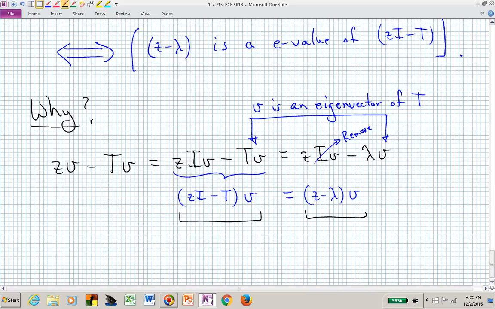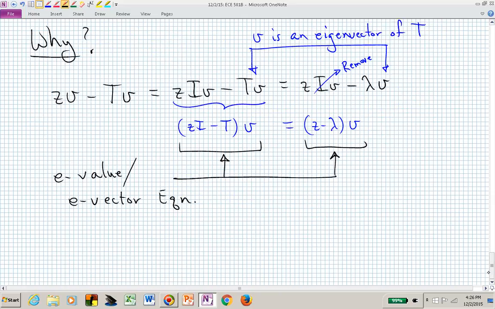So we're just moving in the direction of this vector by an amount given by that scalar if this is the operator applied to that vector, and this is then just our eigenvalue-eigenvector equation.